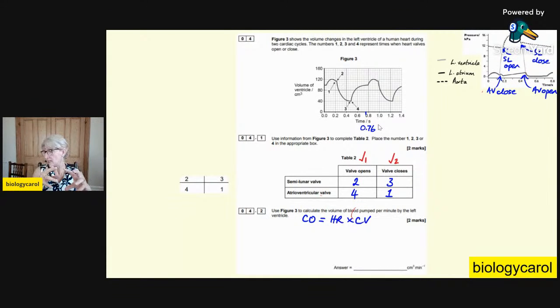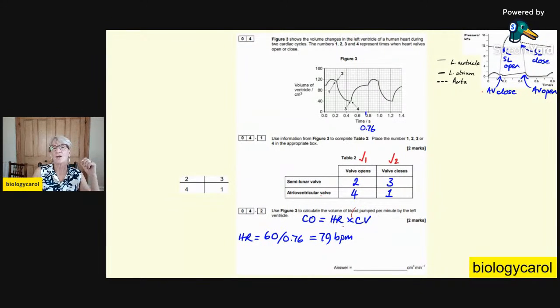But of course, we need to know how many of those heartbeats fit into a minute. So does it make sense that we have got to do 60 seconds, it's 1 minute, divided by the time it took for one heartbeat, about 3/4 of a second, and that equals 79 beats per minute. 79, we've got our heart rate.